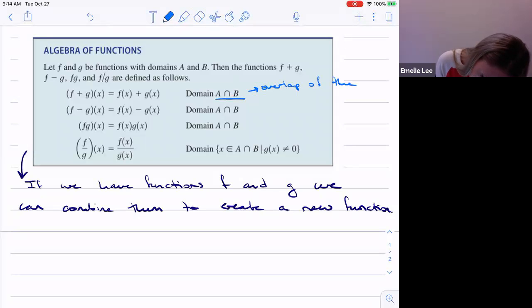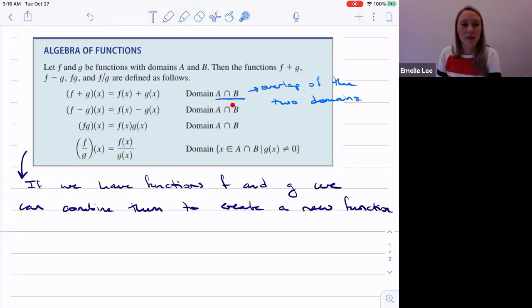Notice that once you have A and B, it's going to be the same for the first three. The only time that it changes is that because we can't divide by 0, we also have to make sure that g of x is not equal to 0, right? So it is A and B again, just like before, with the added restriction of, okay, as long as g of x is not equal to 0. So there's going to be that added constraint.